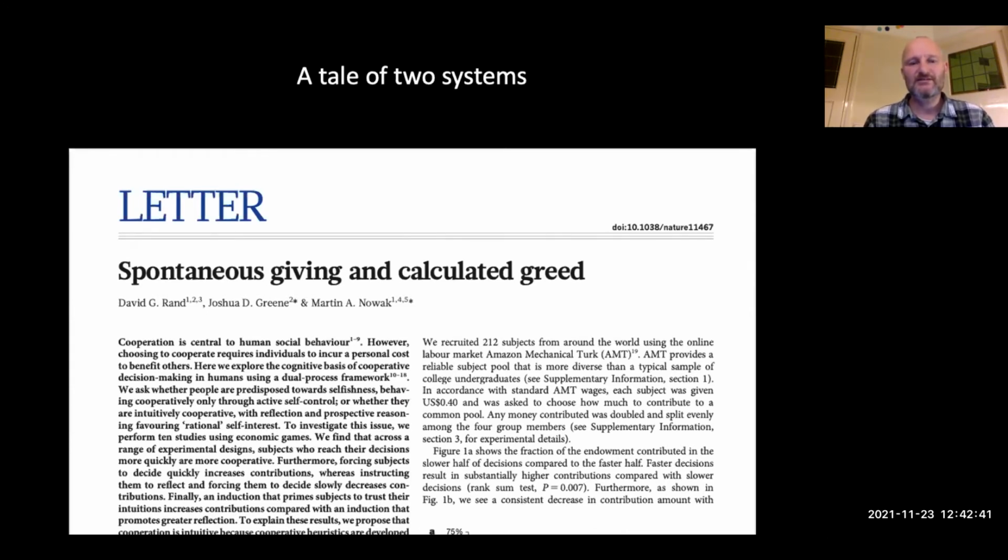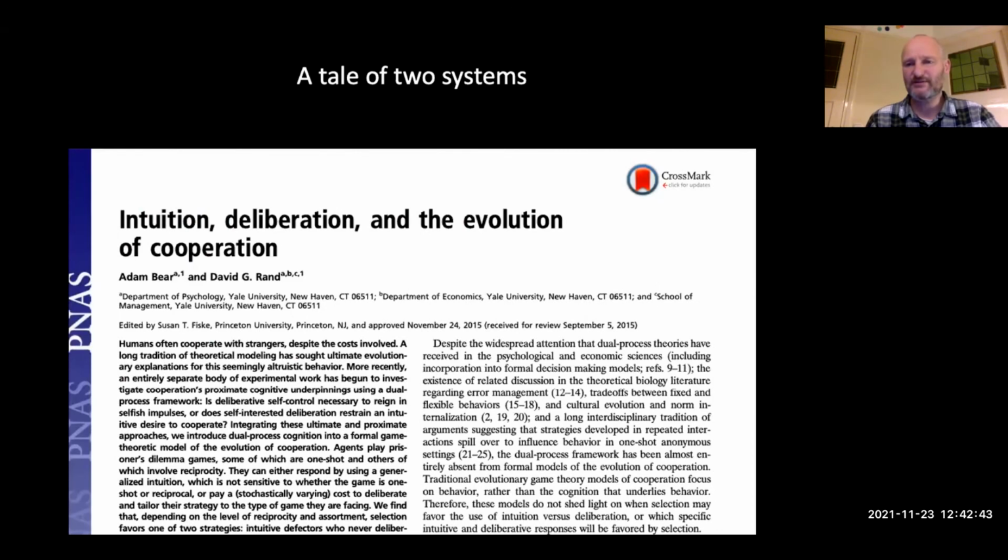This paper is followed by a theory paper that says, well, here's what's going on. If you don't know if you're playing a repeated game or a one-shot game, then you should have an intuitive system that's nice and a reflective system that is not so nice.